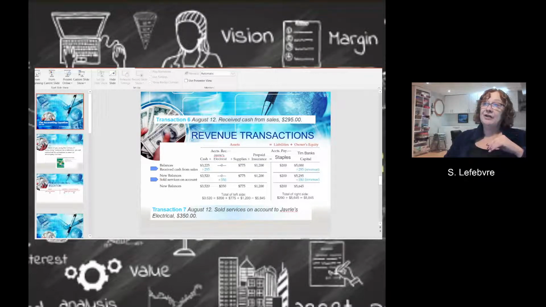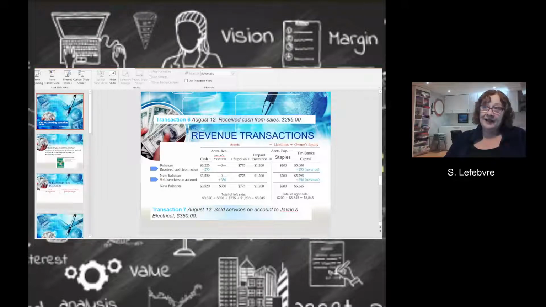So our first one here is August 12th. We received cash from sales, $295. So let's see how that looks on our chart here. So we are going to receive the cash. Okay, so our cash, that's easy, is going up by $295. And because it's revenue, it doesn't affect our liabilities.